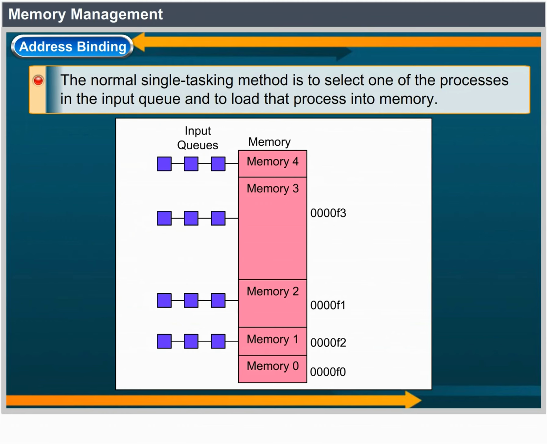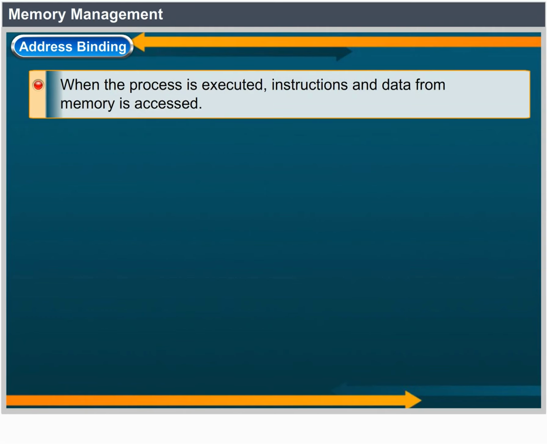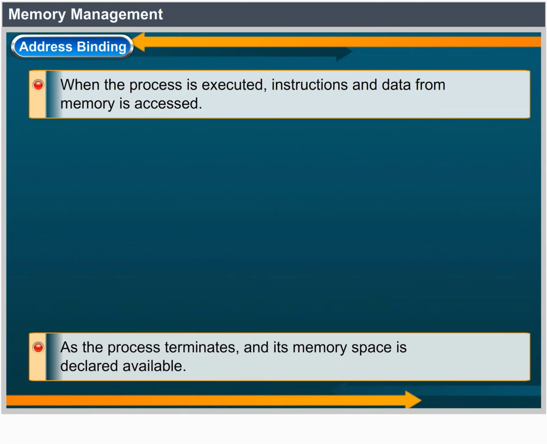The normal single-tasking procedure is to select one of the processes in the input queue and to load that process into memory. As the process is executed, it accesses instructions and data from memory. Eventually, the process terminates and its memory space is declared available.